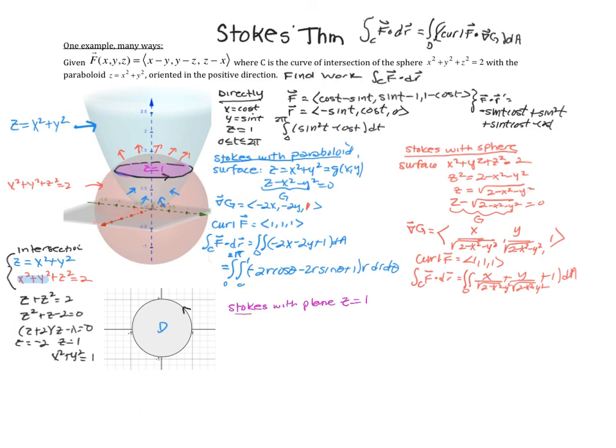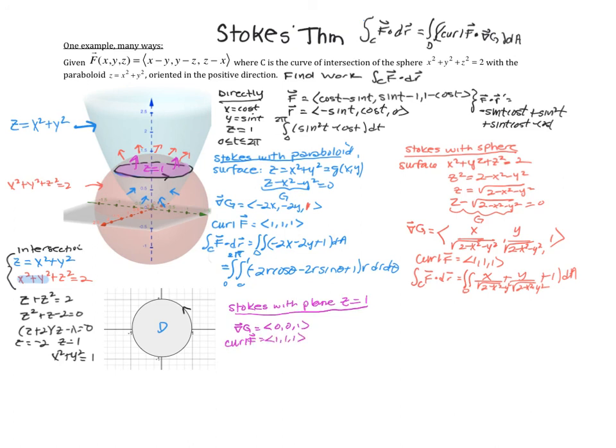So if we're going to do that, then z equals 1 is our surface. Our gradient of g is 0, 0, 1, and that is what we want, positive orientation to go with the positive curve direction. Our curl is 1, 1, 1.